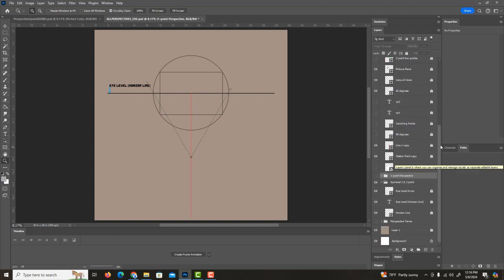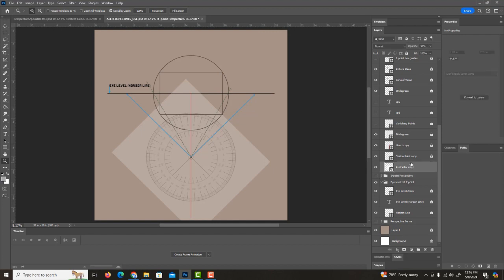But the vanishing points need to be at a 90-degree angle from each other. So if we turn our protractor, let's bring this up so we can see it a little bit clearer in opacity. So again, from the same station point, you need to have a 90-degree angle, and that's where you will place your vanishing points.